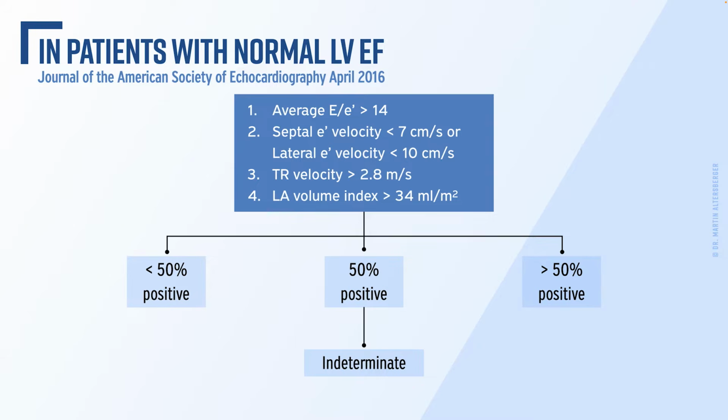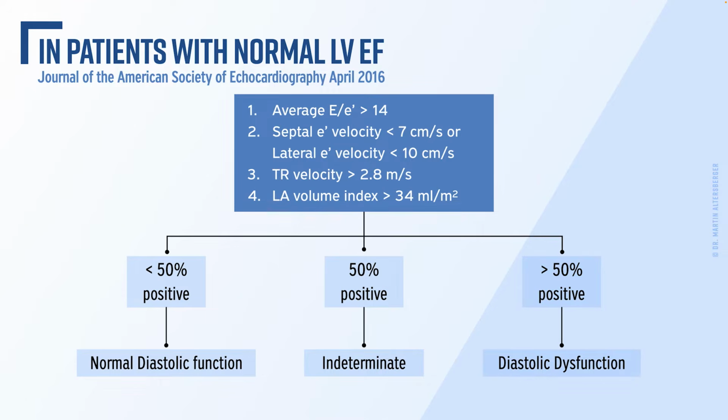This is, for me, the rarest of the rare, because when you have a normal left heart, so not only a normal ejection fraction, but normal systolic function, for example a normal global longitudinal strain, normal left ventricular dimensions, normal dimensions of the interventricular septum and heart walls, and a normal dimension of the left atrium, how is it possible then that you have really a diseased left ventricle with an elevation in filling pressure? So when there's truly about 50% positive, this needs some more thought: if you truly see diastolic dysfunction, elevation in filling pressures, and why they might be there.